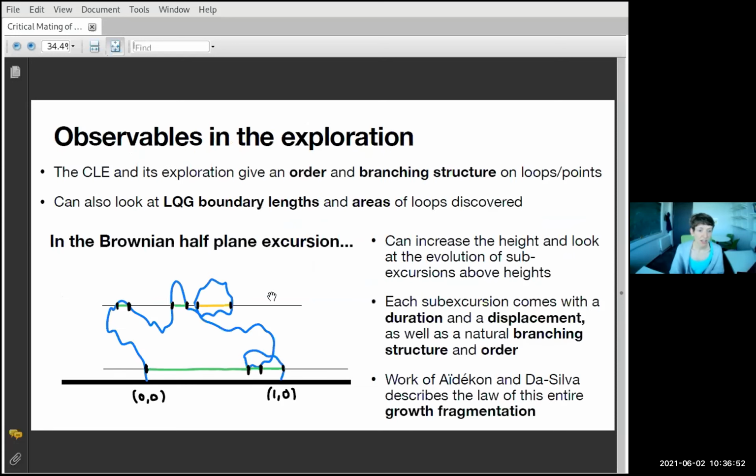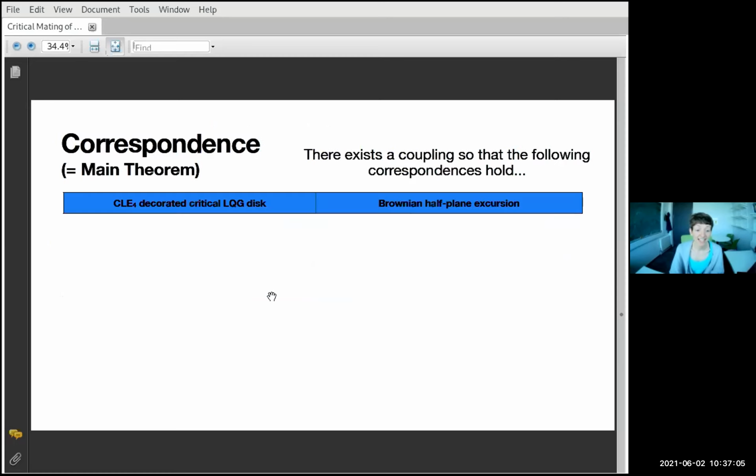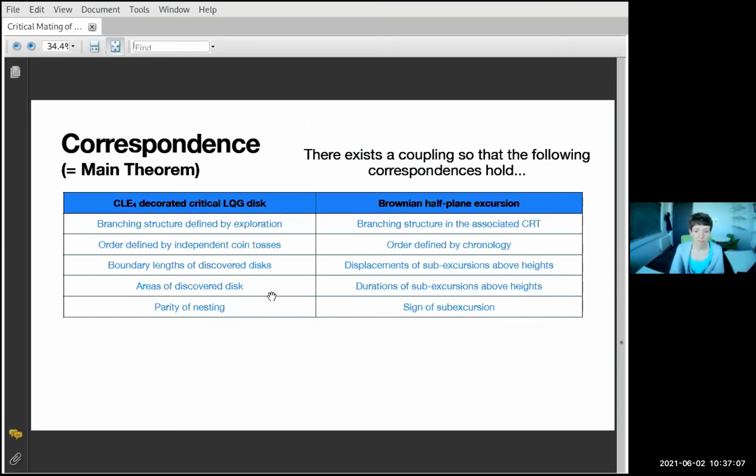Actually, if you look at sub-excursions above heights, these actually come associated with a sign, and that depends on whether the left or the right endpoint of the excursion was visited first or second by the Brownian path. And it turns out that these signs actually map to the parity of nesting in the CLE loop picture. So excursions above heights will correspond to CLE loops, and their signs will actually correspond to these parity of nesting.